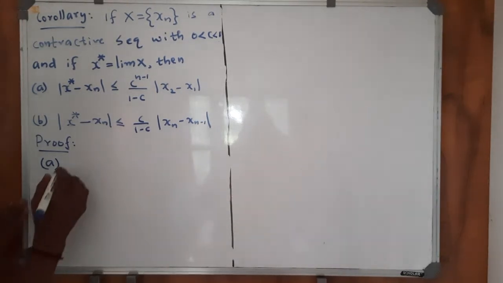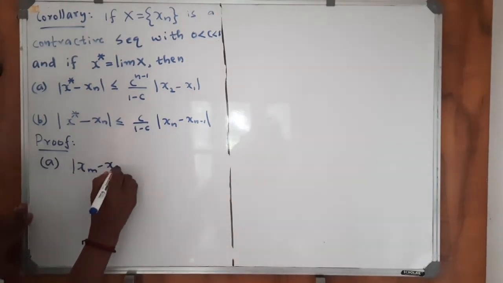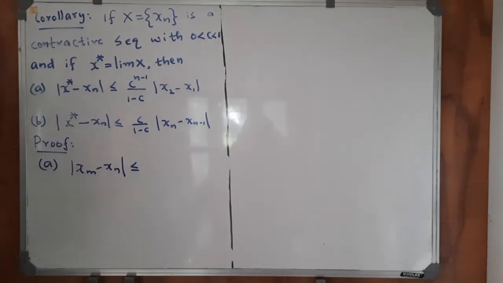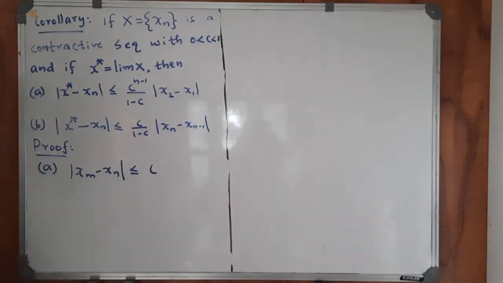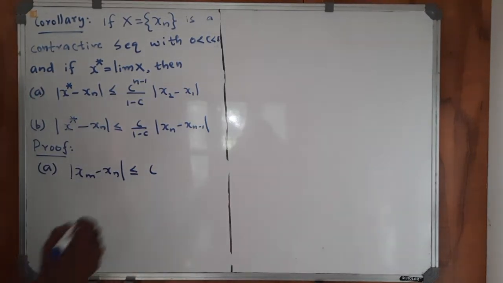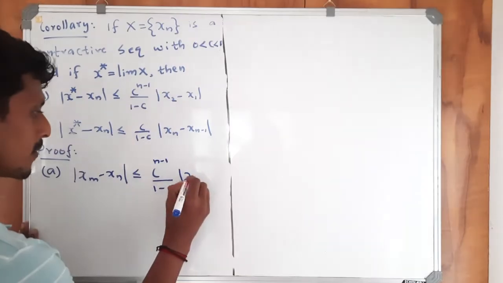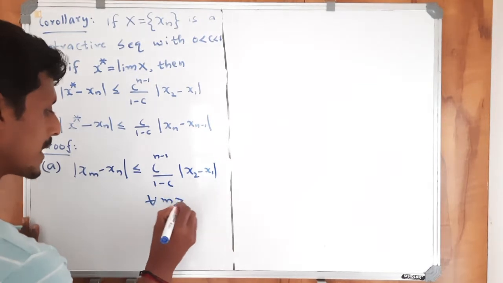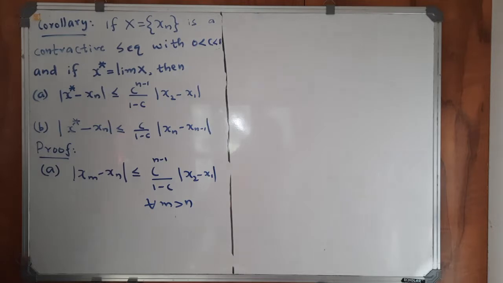To prove the A part, we have already established in the proof of the theorem that modulus of xm minus xn is less than or equal to c raised to n minus 1 divided by 1 minus c into modulus of x2 minus x1 for all m greater than n.